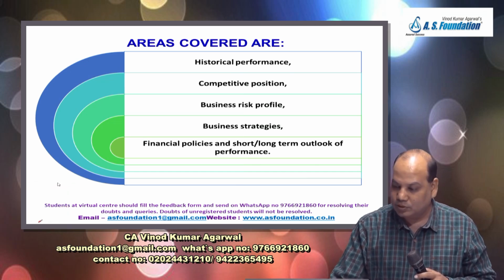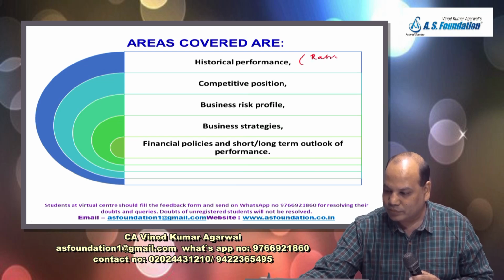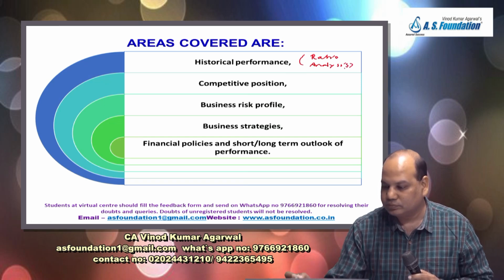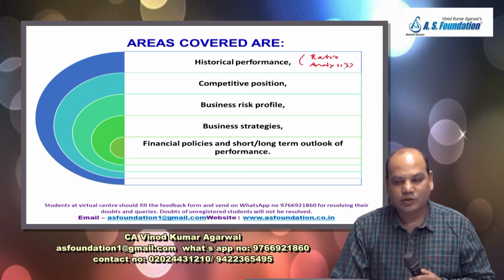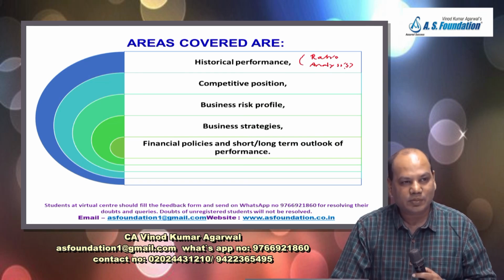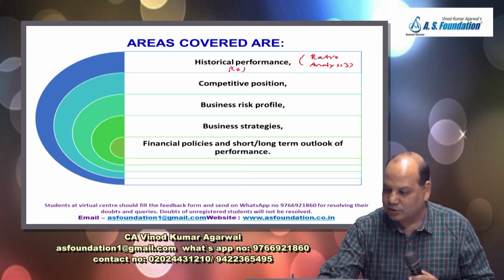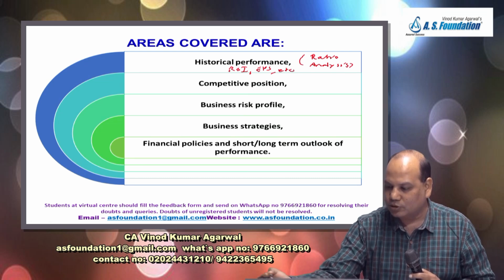So your chapter in the intermediate syllabus called ratio analysis is very important in understanding the historical performance. Absolute numbers may not make much sense. So they will check ROI, return on investment, EPS, etc.